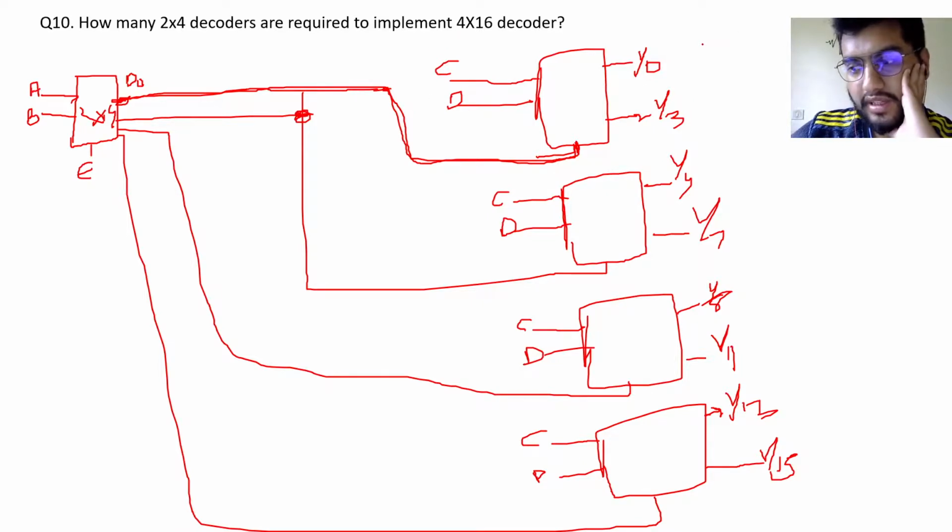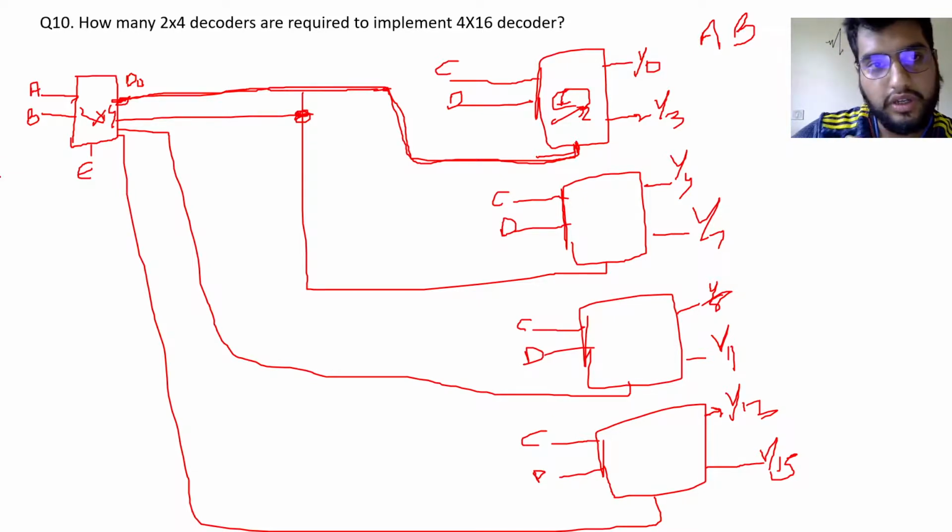So for this, we can just write it down like this: A B. Decoder 2 will be turned on only when A B is 0 0.